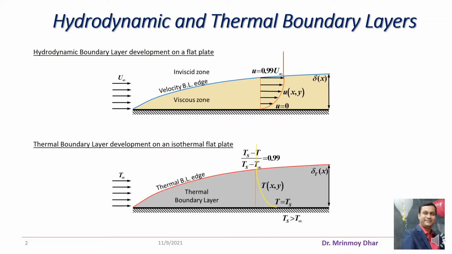So when this uniform velocity, a free stream, is approaching this flat plate, the fluid particles which come in contact with the flat plate come in equilibrium with the flat plate, and the x component velocity of that particle becomes 0.